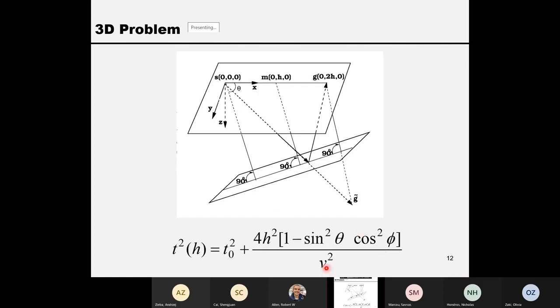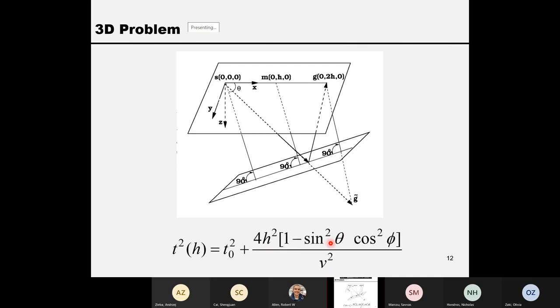So the velocity here, instead of v squared, is now v squared divided by 1 minus sine squared theta cosine phi, right? So again, if phi equals 0, phi equals 0 means that azimuth is 0. So your dipping is exactly along the line, right? There's no azimuthal factor. So this becomes 0. Cosine 0 is 1, right?